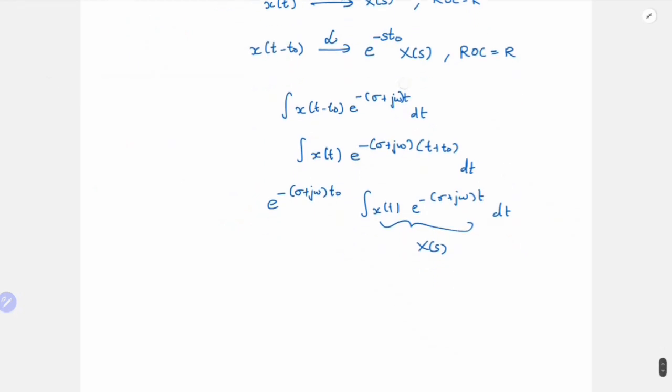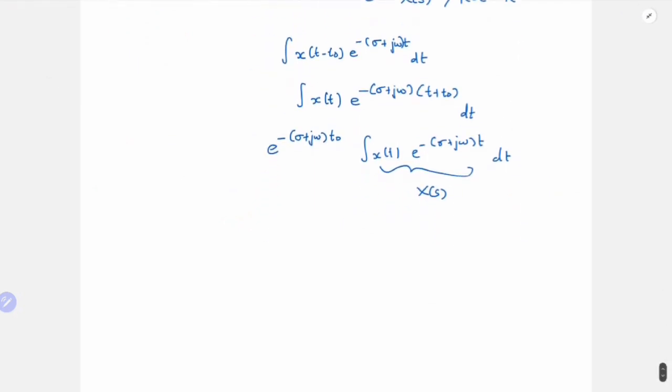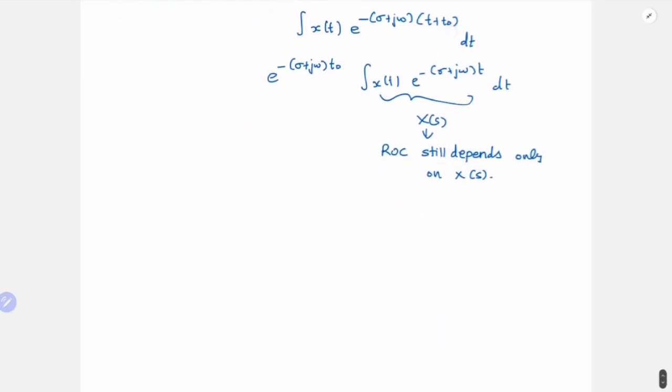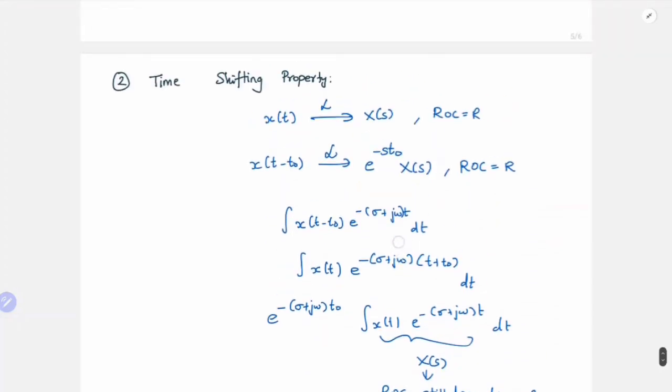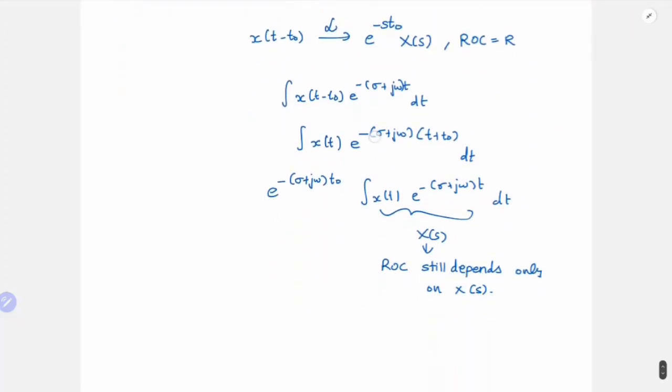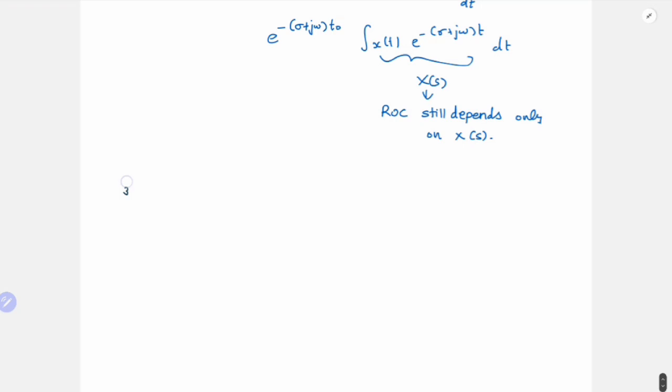Okay. So I'll just write here, ROC still depends only on x of s. Okay. So this was our time shifting property. So next let us see frequency shifting or shifting in the S domain.